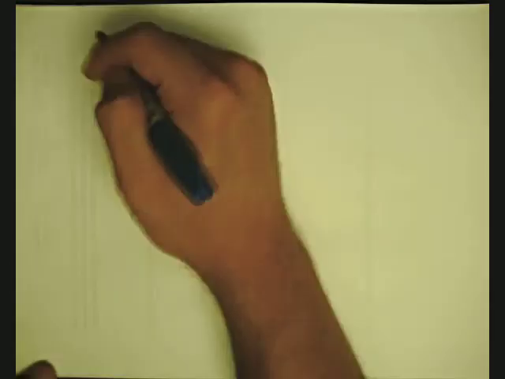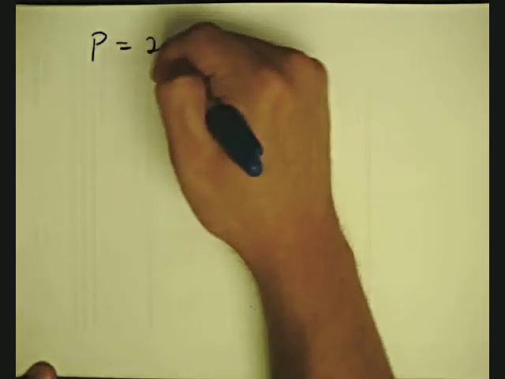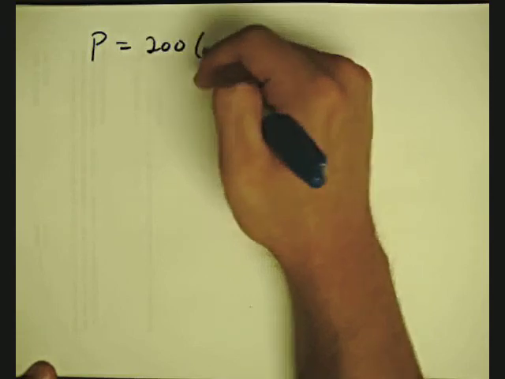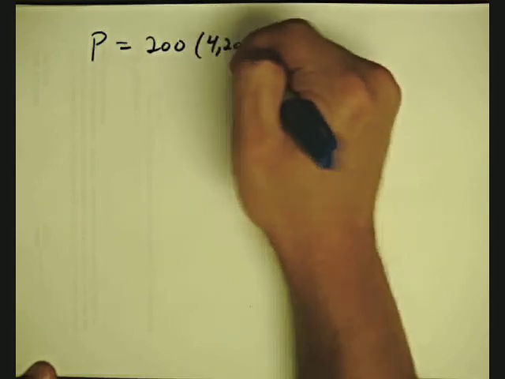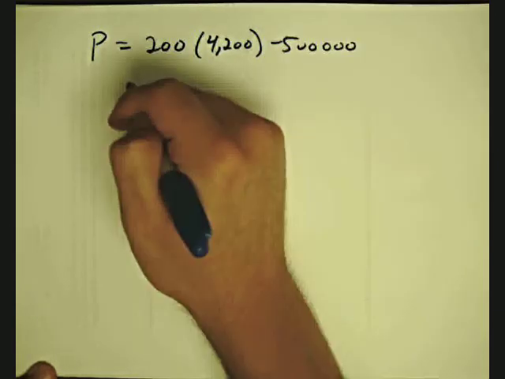Question E asks for you to find the profit for producing and selling 4,200 chairs. So to do that, profit is going to equal 200 times 4,200 chairs minus 500,000.